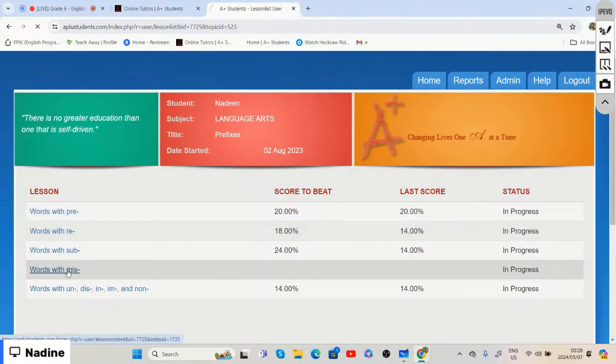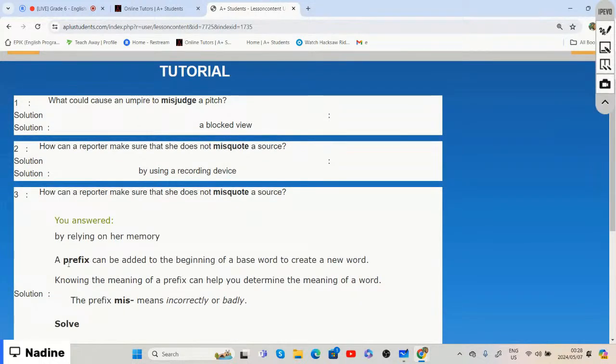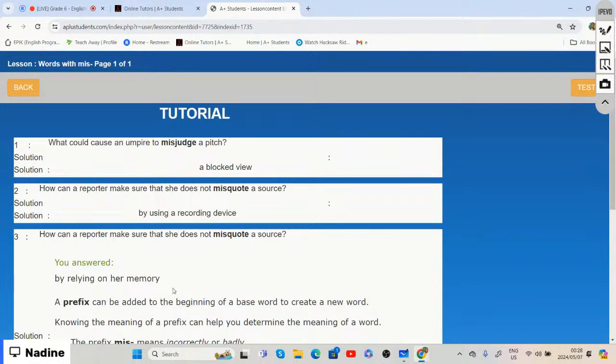All right, so now words with mis, right? Remember we said mis means either incorrectly or badly. So what could cause an umpire to misjudge a pitch?